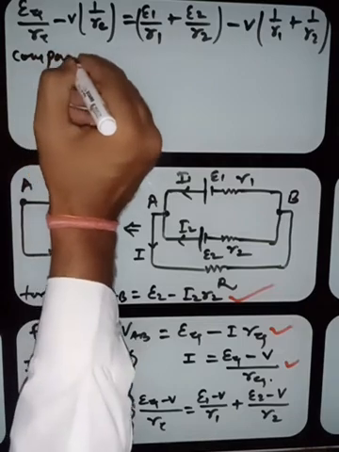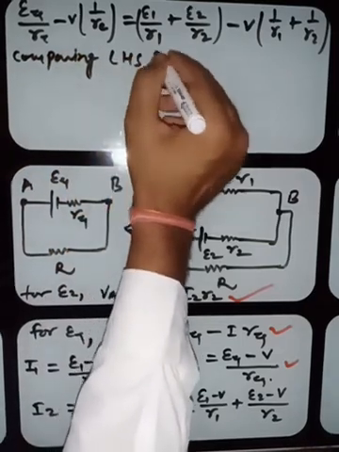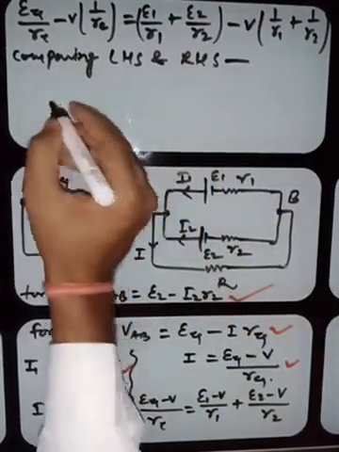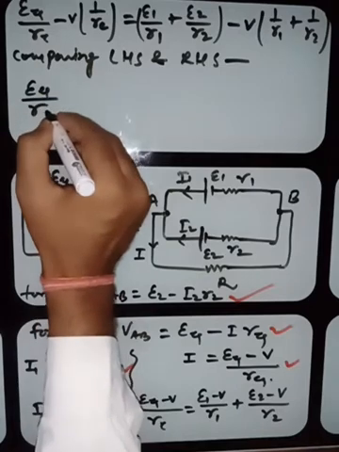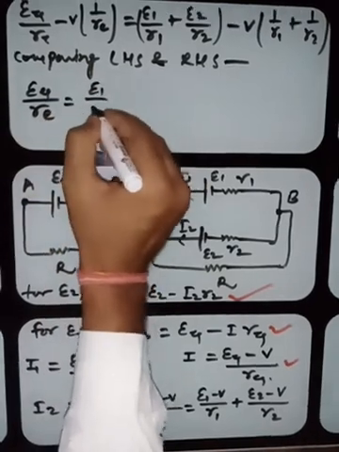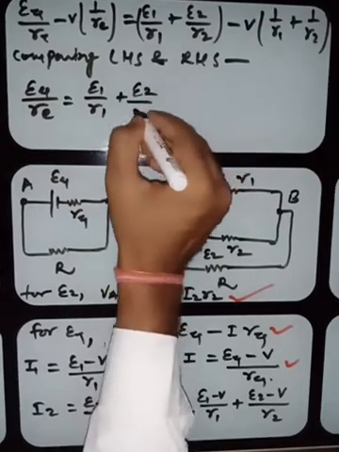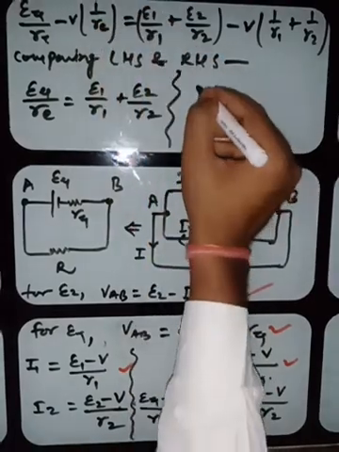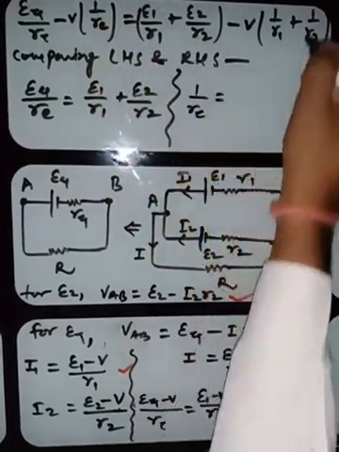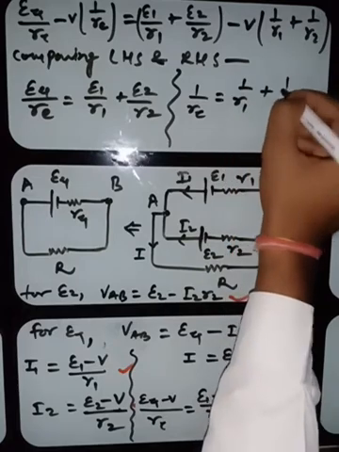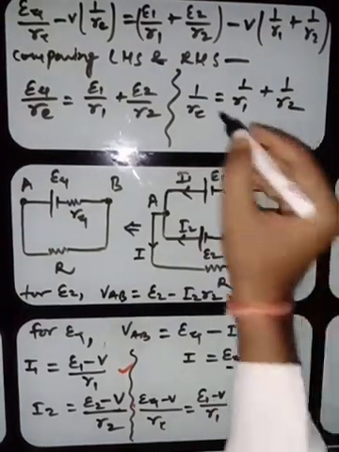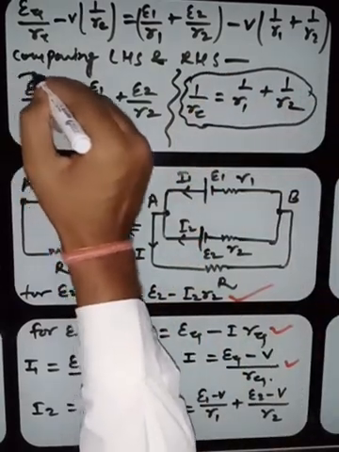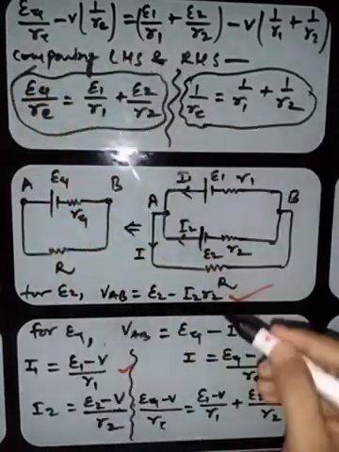Comparing LHS and RHS, my dear student, you can see E equivalent by R equivalent is equal to E1 by R1 plus E2 by R2, and 1 by R equivalent is equal to 1 by R1 plus 1 by R2. Okay, so this is the equivalent resistance and this is the equivalent EMF by equivalent resistance.